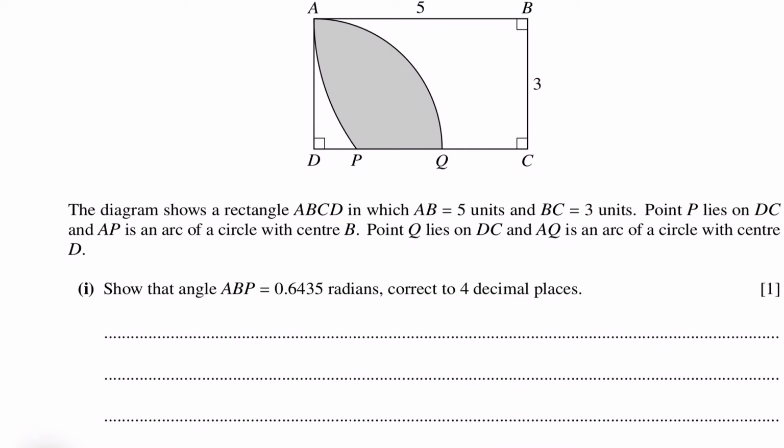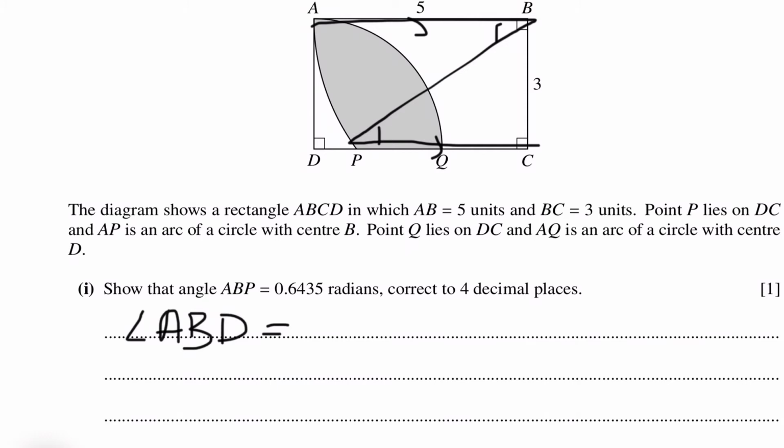Show that angle ABP is 0.6435 radians, correct to 4 decimal places. Notice that AB, BP, and PC are parallel to each other, so the angle here should be the angle here. Now you can find angle ABD first by sine theta is equal to 3 over 5.